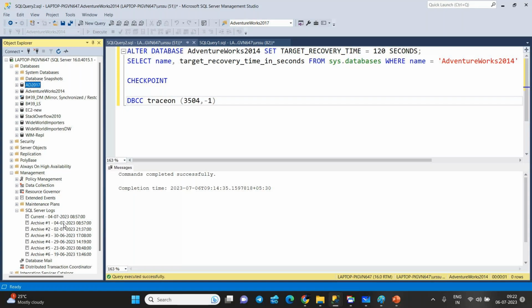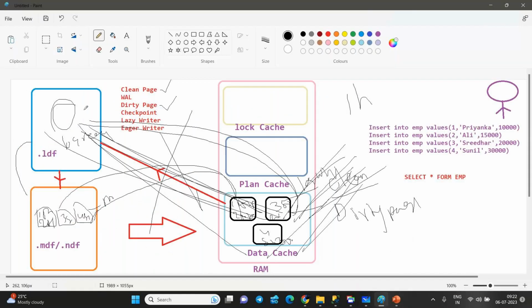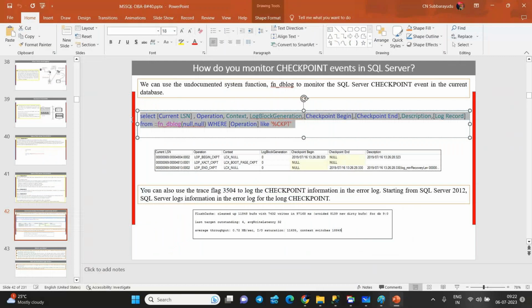Okay, and one more thing, I told you, right, you can read the log file. I will show you practically. For just a glimpse of an idea, you can also read the log file with the function fn_dblog, and just use the LIKE operator with the checkpoint keyword CKPT.